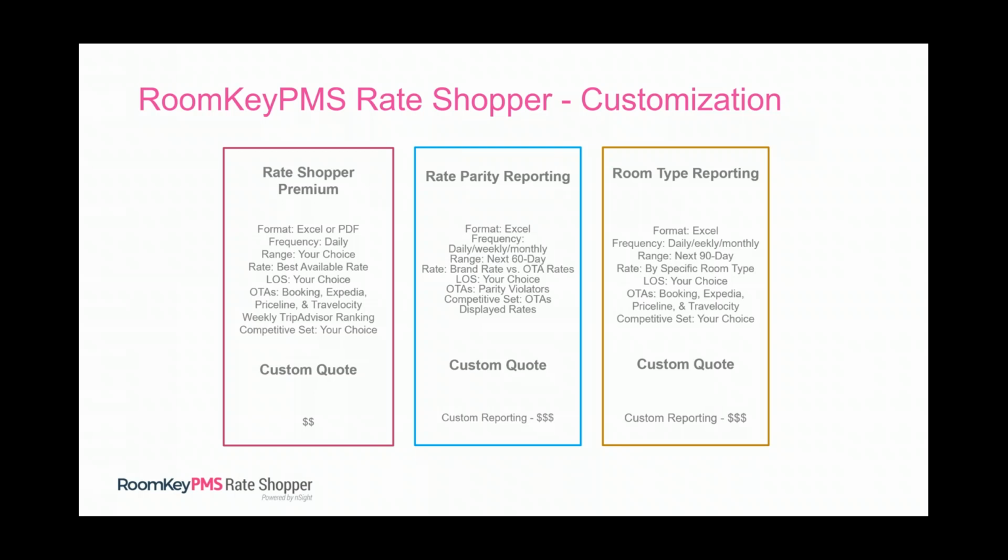So if you'd like to have specific information on your Queen Deluxe versus the matching Queen Deluxe from your competitors, we can definitely do this for you. And again, those parameters are customizable. So if you'd like to do a parity report over the next 180 days or more, or even a report on several of your room types, that's definitely something that we can do for you.